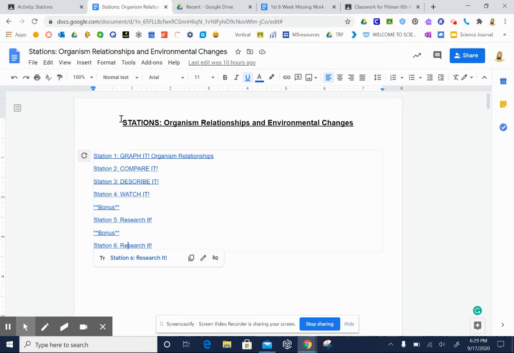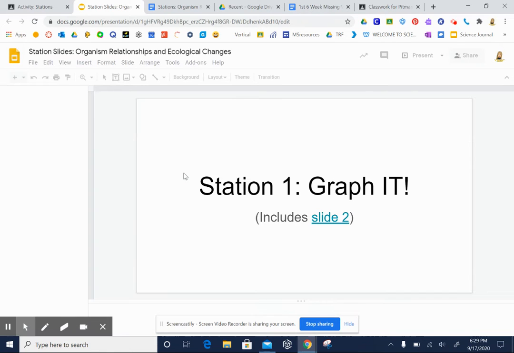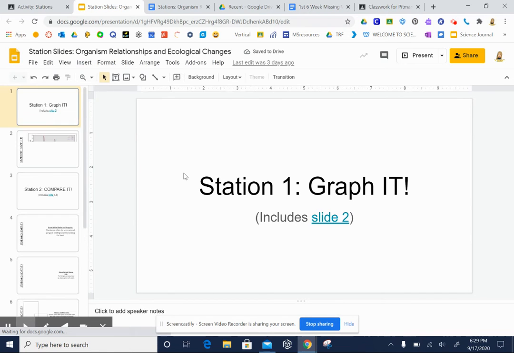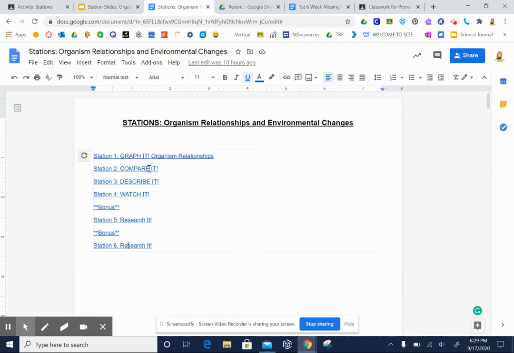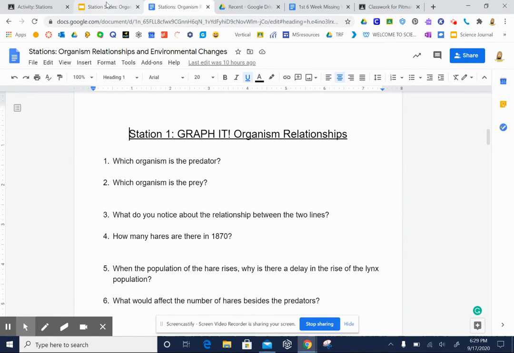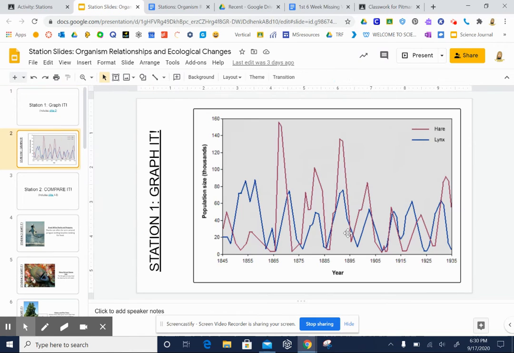Okay, but to do any station, you also have to use the slides provided. These would be like the stations. If we were in the classroom, I'd have these hanging up around the wall, and then you would use this page to write your answers on. So you can see station 1, graph it on your answer document. I would use the station 1, graph it slides to answer the question.